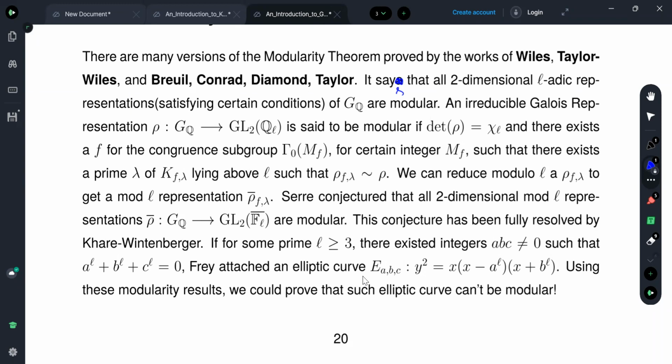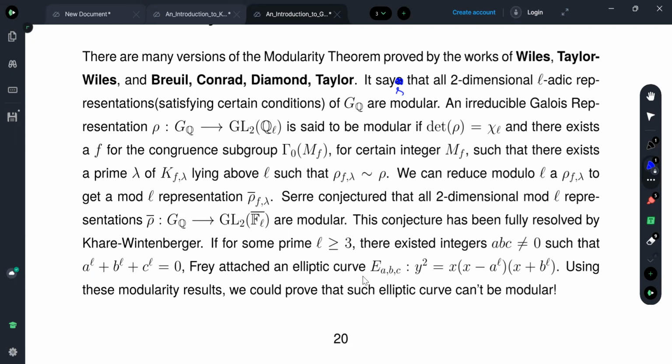and using all this theory we could prove that this elliptic curve is not modular. In your second line, there is two-dimensional L-adic, and then later you are saying two-dimensional mod L representation. Yeah. So I am considering the representation modulo L. In the initial one, if you take a representation taking values inside GL2 of Q_L, then we have seen in a previous lemma that actually its image is inside GL2 of Z_L, the ring of integers.